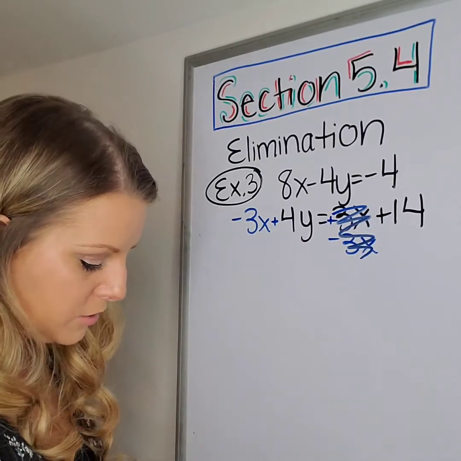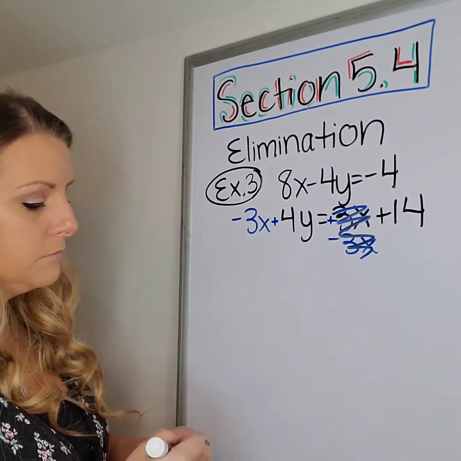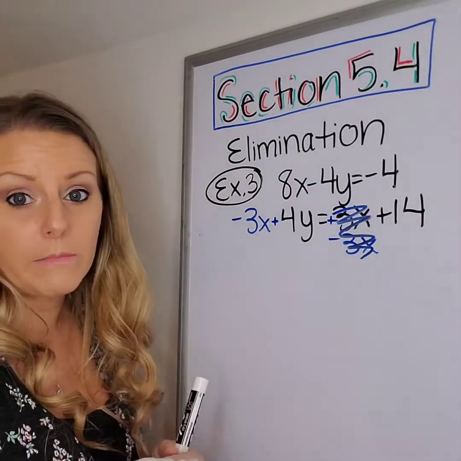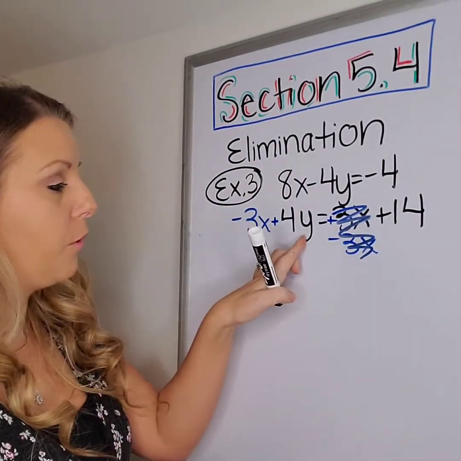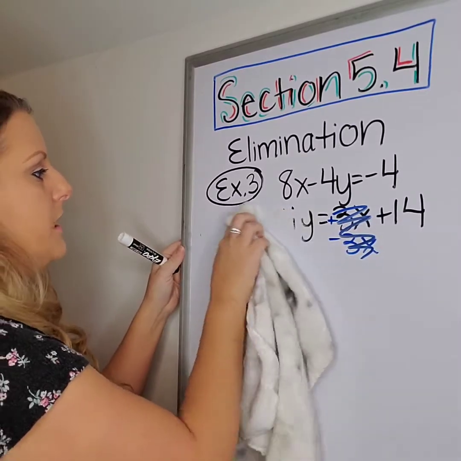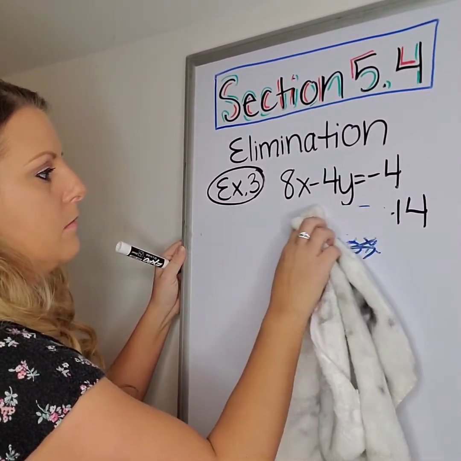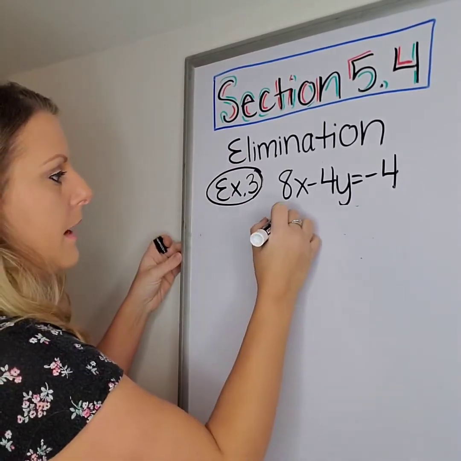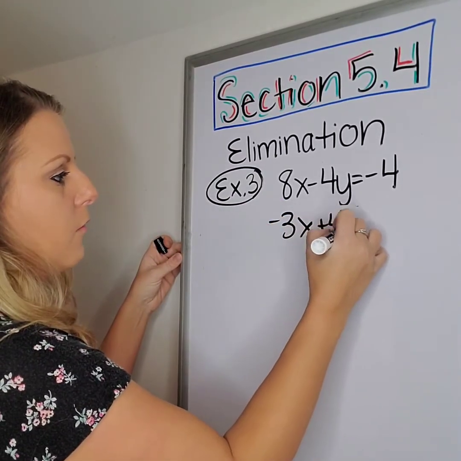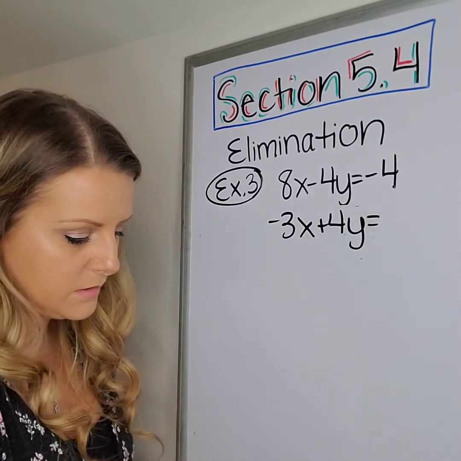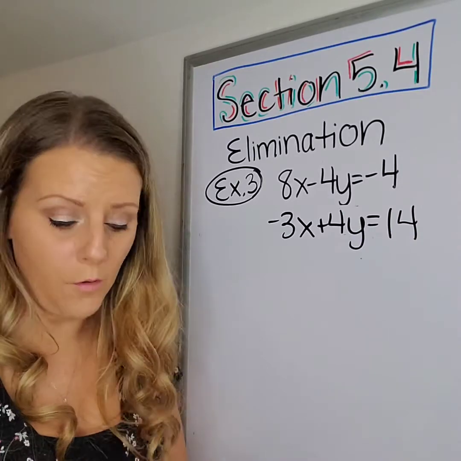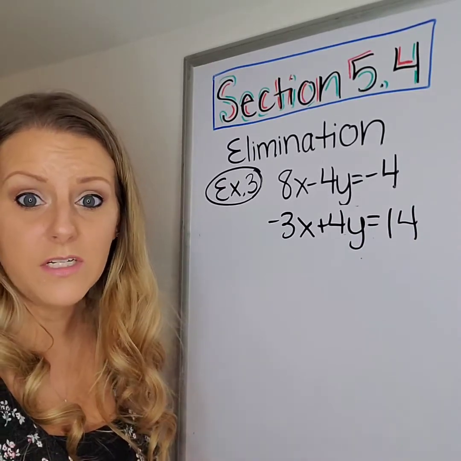Okay, and I'm going to rewrite this. So remember, negative 3x plus 4y equals 14. I'm going to rewrite it without all the blue scribbles, so now it's a little easier to deal with.